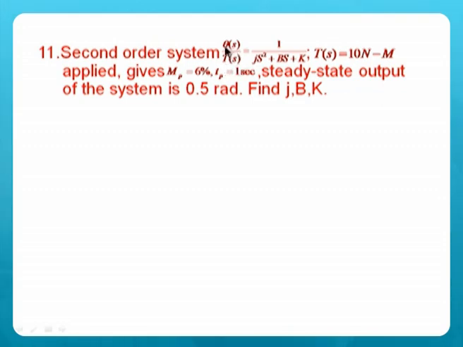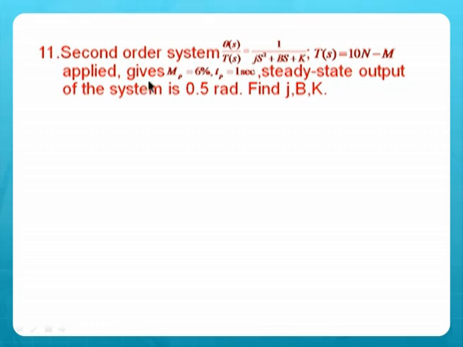So output by input is 1 by this function, where J is the moment of inertia, B is the rotational friction coefficient and K is the spring stiffness. And the torque is given as 10 Newton meters. So the input is given.